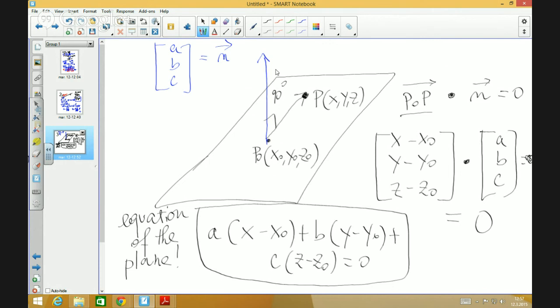Of course, the plane with normal vector n and going through P0, x0, y0, z0.